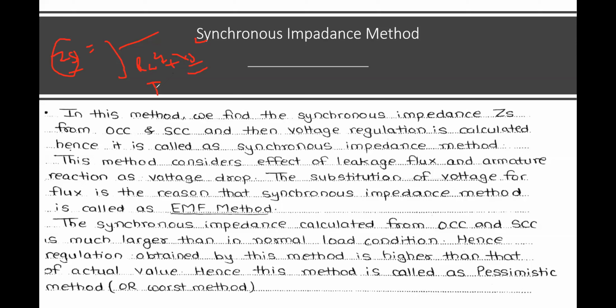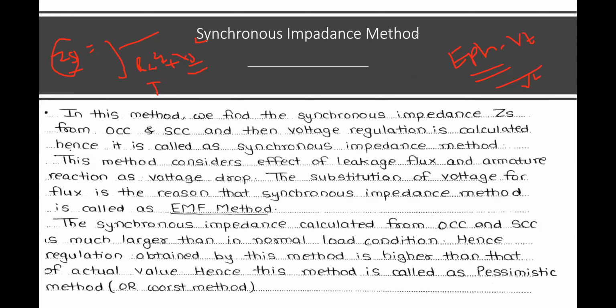So after calculation of armature resistance and ZS, we can calculate XS. I put this value in the EPH formula and calculate EPH. If I calculate EPH, then I put it into the formula and calculate voltage regulation. So this is the background story of why I calculate by the synchronous impedance method. I hope you clear this concept. This is the step by step procedure.